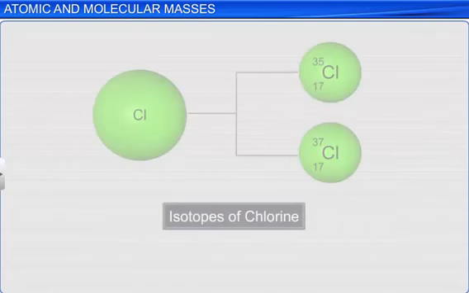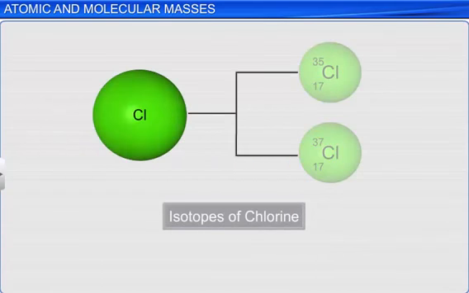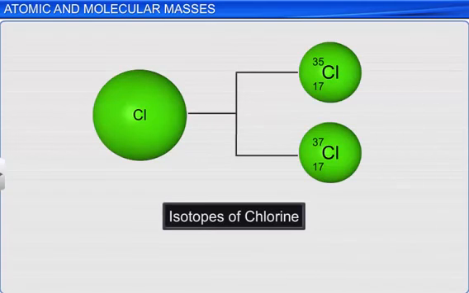We know that when atoms of the same elements possess different atomic masses, they are known as isotopes. Hence, for isotopes, the average value of the atomic masses is considered as the atomic mass unit.